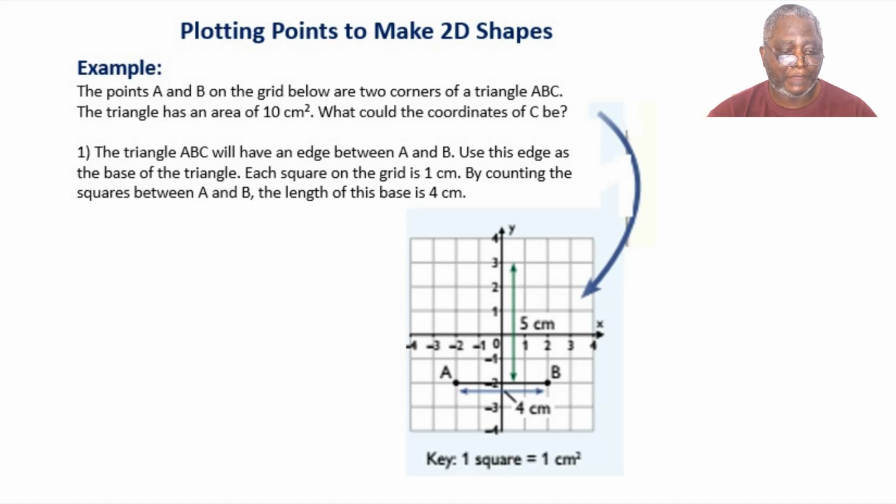First, the triangle ABC will have an edge between A and B. Use this edge as the base of the triangle. Each square on the grid is 1 centimeter. By counting the squares between A and B, the length of this base is 4 centimeters. Study the diagram and make sure it makes sense to you, please.